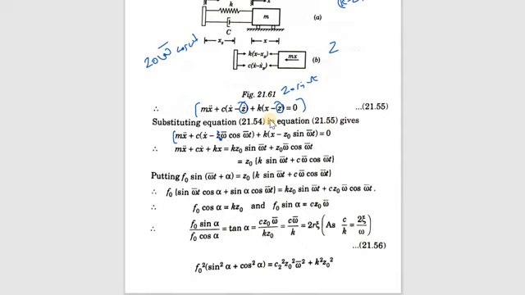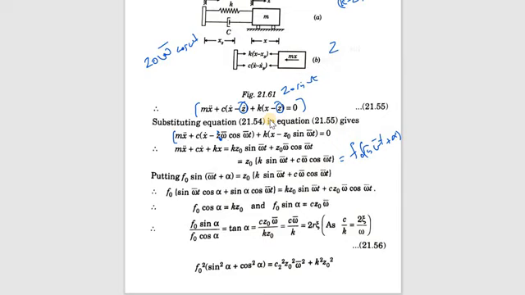Now I can substitute these terms, that is, instead of this term I am introducing a new term, since I am having two terms here. So I am converting this into f0 sine (omega t plus alpha), where alpha is the phase. Therefore I am substituting here, instead of this, f0 sine (omega t plus alpha).